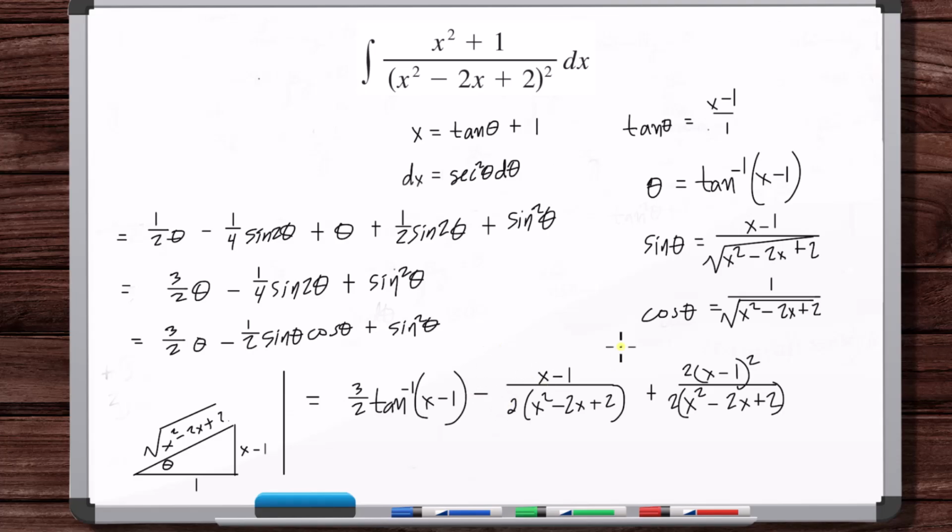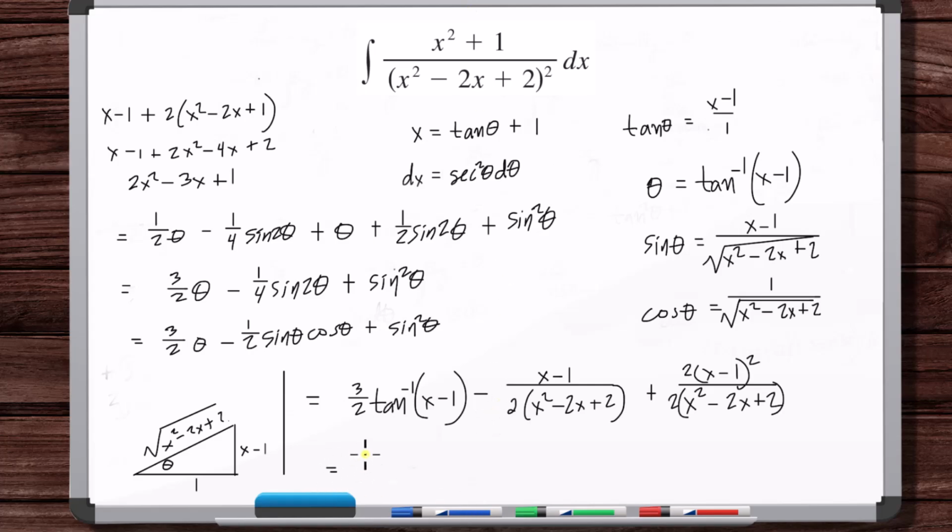All right, now what is x minus 1 plus 2 times x minus 1 squared? So x minus 1 plus 2, and then x squared minus 2x plus 1, x minus 1 plus 2x squared minus 4x plus 2. So 2x squared minus 3x plus 1.